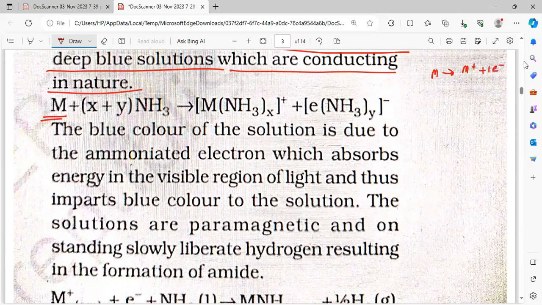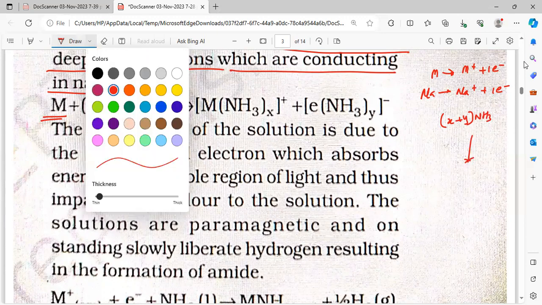Suppose you are taking sodium, what will it give? Na+ and one electron, yes or no? Now you are taking x plus y molecules of NH3, right? So see how it is combining.